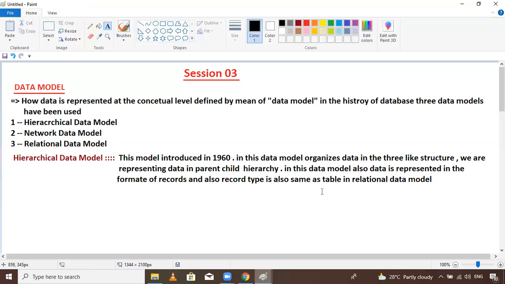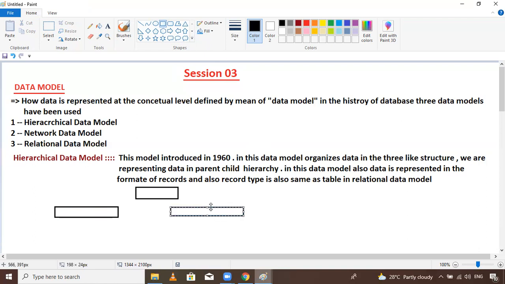Now, as in the diagram, this is the root directory. Inside the root directory, one row is there, second row is there, like that.